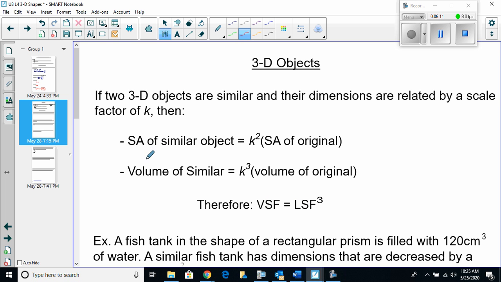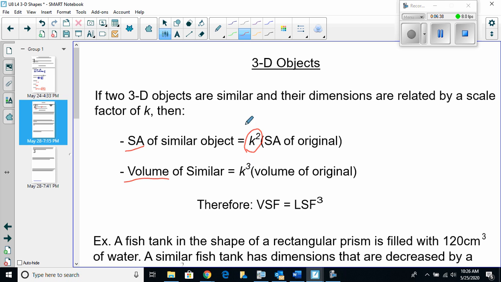Now, when we are dealing with 3D shapes or 3D objects, we deal with two things, the surface area and the volume. The surface area scale factor will be k squared, because surface area is a 2D thing.